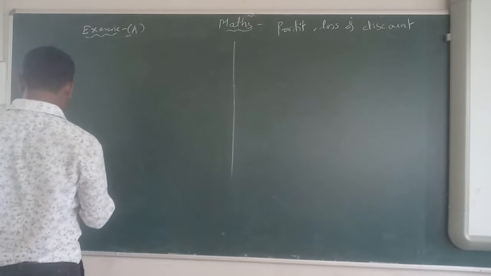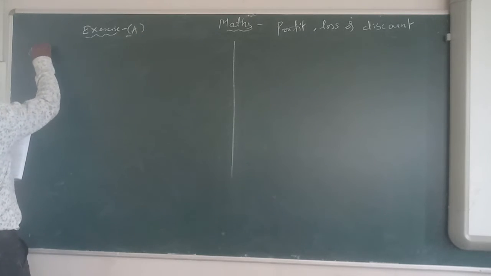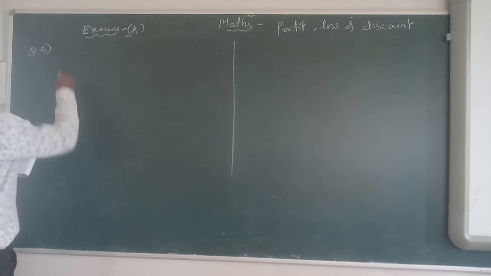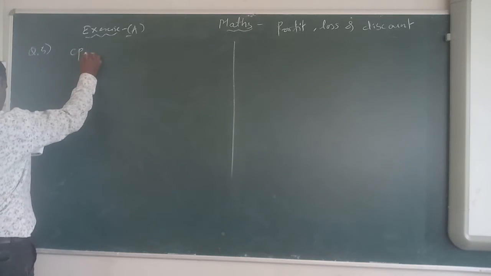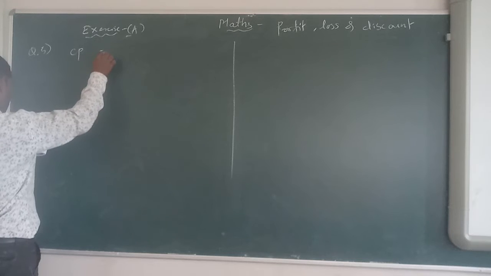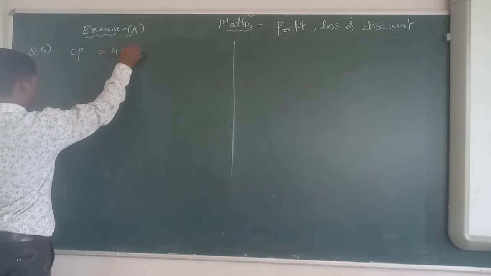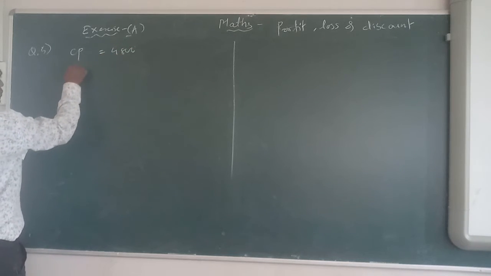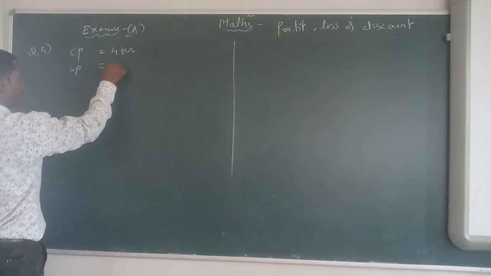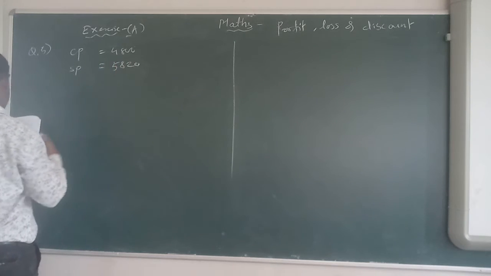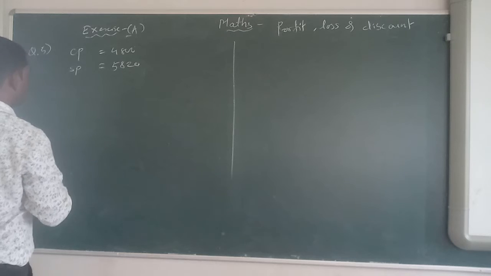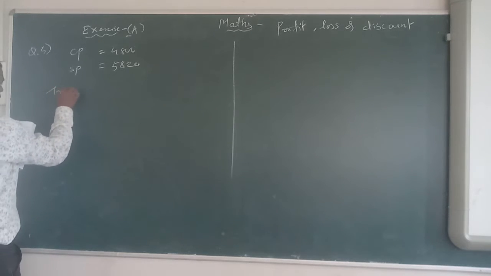Okay, see now, CP is given. Question number 5. CP equal 4800. SP is equal to 5820. Okay, and transportation is given.